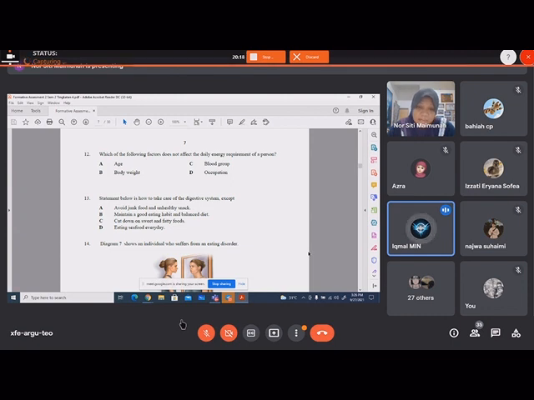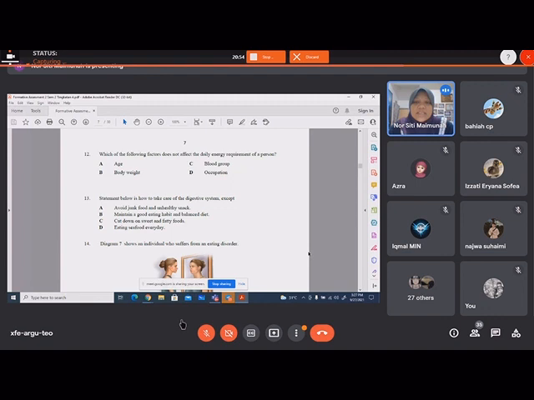Okay. Number 12. Which of the following factors does not affect the daily energy requirement of a person? C. Blood group. Okay, correct. So remember, there are four main factors that affect the energy requirements. The age: the young age requires more energy because of their high metabolic rates in the body.